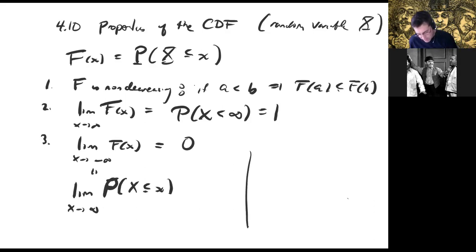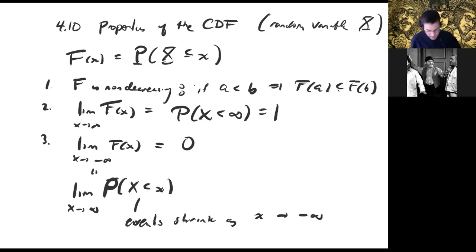So, I'm not saying this right, but these events shrink as x goes to minus infinity. So this has probability of 0.